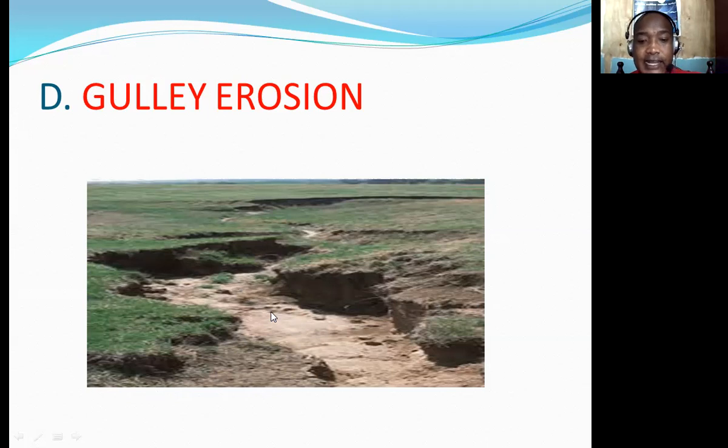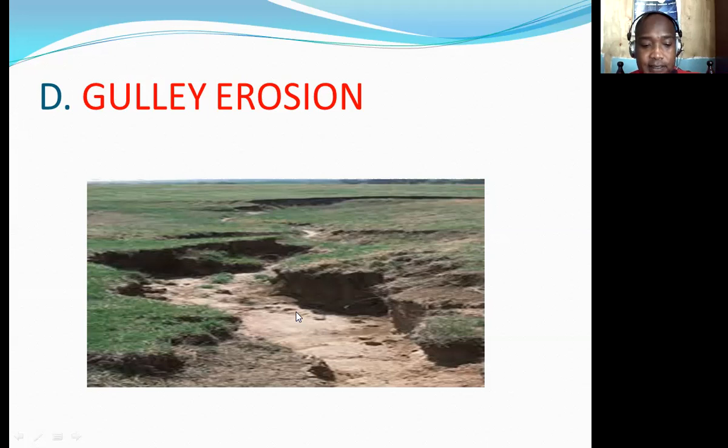Pupils, gully erosion can be controlled by building gabions. Gabions are also known as porous dams or check dams.